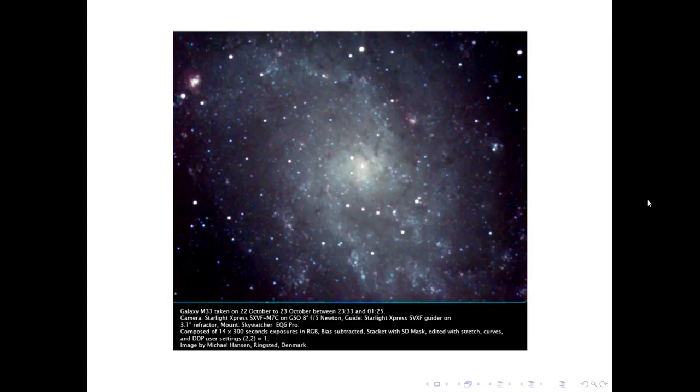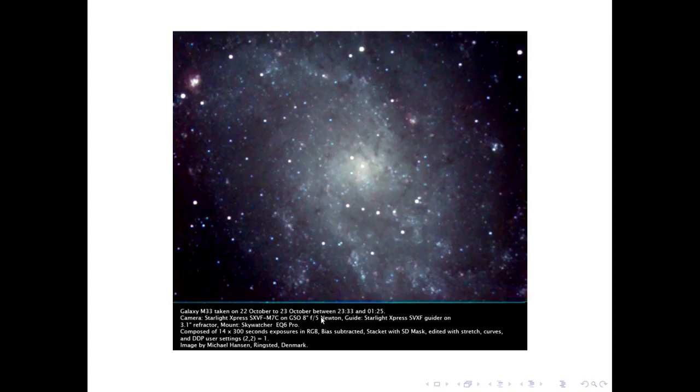I would like for you to notice two very clear things. One noticeable thing is that you have some kind of big nebula thing here, and then you also have a very big nebula thing here. This is taken with my telescope, as you can see here, between the 22nd and the 23rd October, between 23:33 and 00:25.